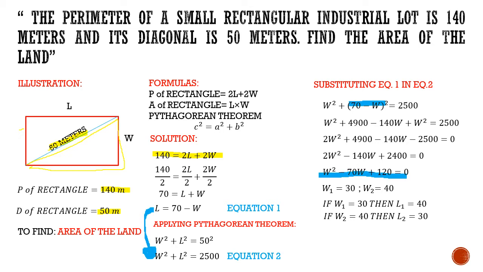If gagamitin naman is W2, which is 40, then yung L2 natin is 30. So on, the area of rectangle is equal to 30 multiplied by 40, and our answer is equal to 120 meters squared kasi area.